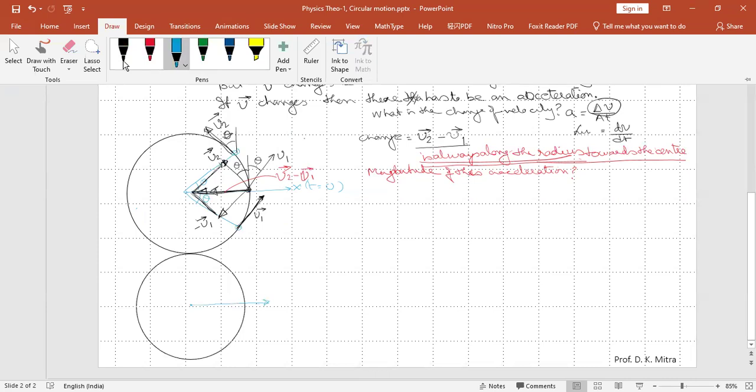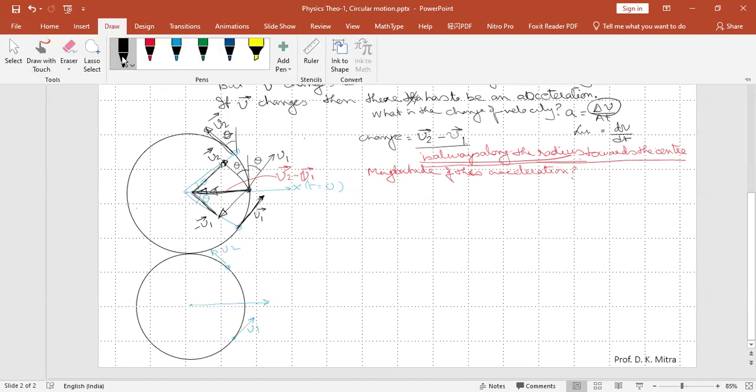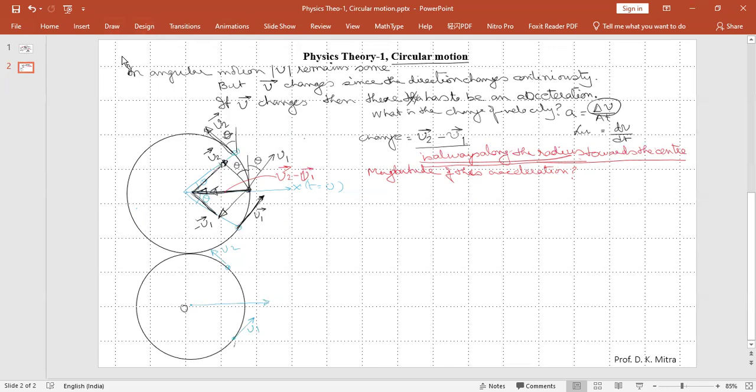This is one vector v1. This is another vector v2. Now let us consider the center is O, this point is A, and this point is B. This is a radius. This also is a radius. We join this to make a triangle OBA or OAB, whatever it is.